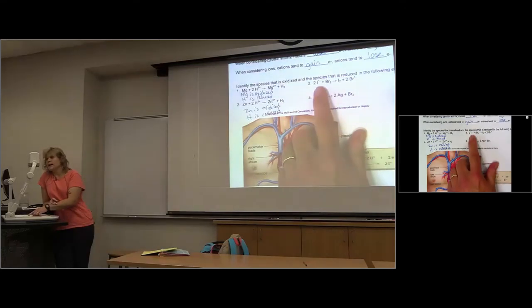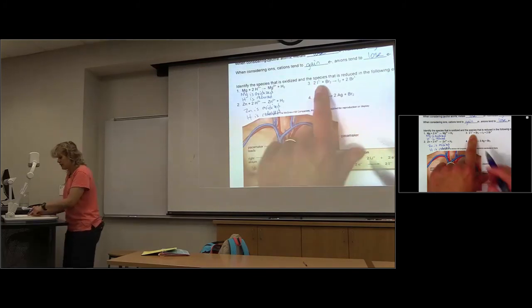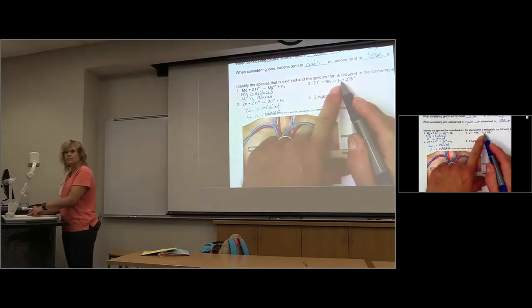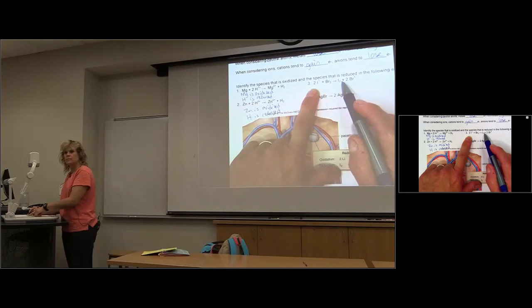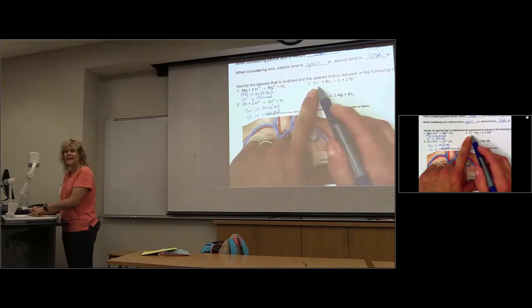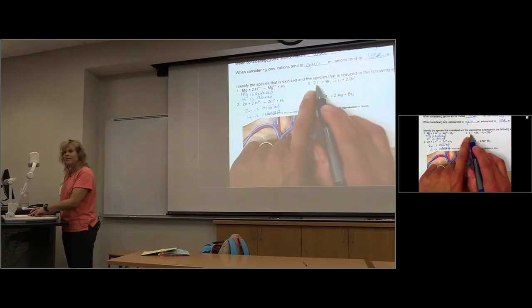Now here we have iodide, I-1. It goes from being -1 to neutral. What does it have to do to go from -1 to neutral? It had to gain an electron. Yes or no? No. Think about it. Does it already have an extra one?